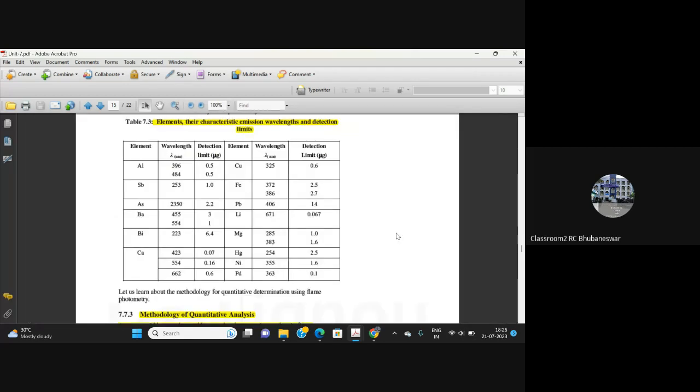If you see, this is the list of elements and their characteristic emission wavelengths. You see, many elements are there. Yesterday, Ojas was asking about arsenic detection.